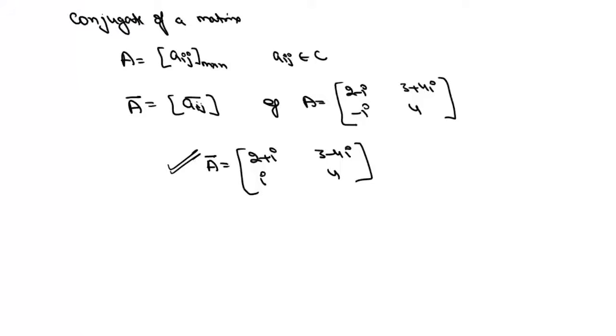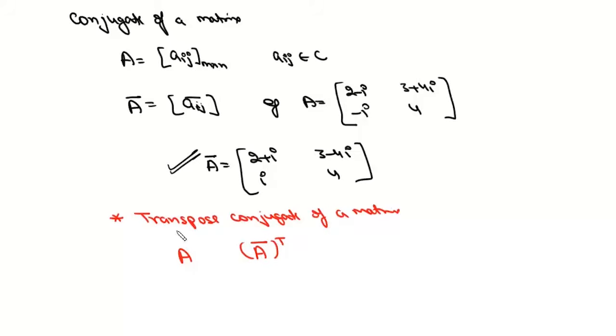And if we combine the above two, then we come to something called transpose conjugate of a matrix. So if we have any matrix A, then if we take its conjugate and we take its transpose, we call it a transpose conjugate of that matrix.